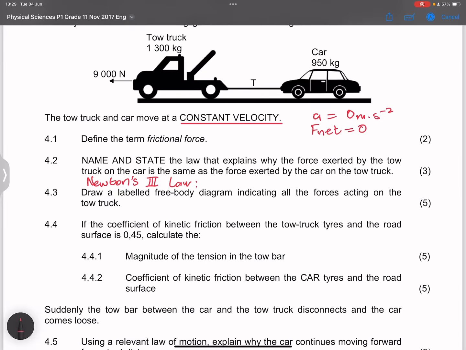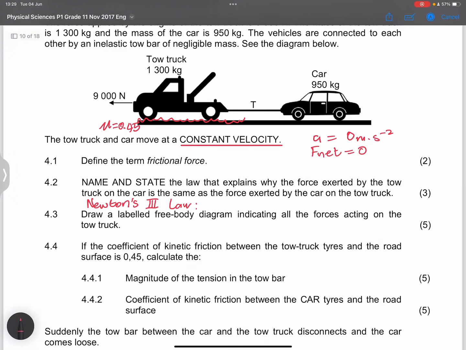Right, now they say to us, if the coefficient of friction between the tow truck tires and the road is 0.45, okay, so we know there's friction over there. Right, they say calculate the magnitude of the tension in the tow bar. So what I'm going to do is look at the forces that are acting on the tow truck.